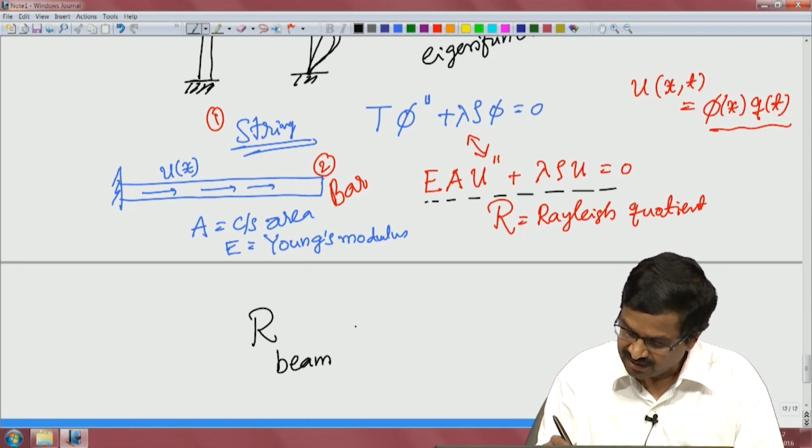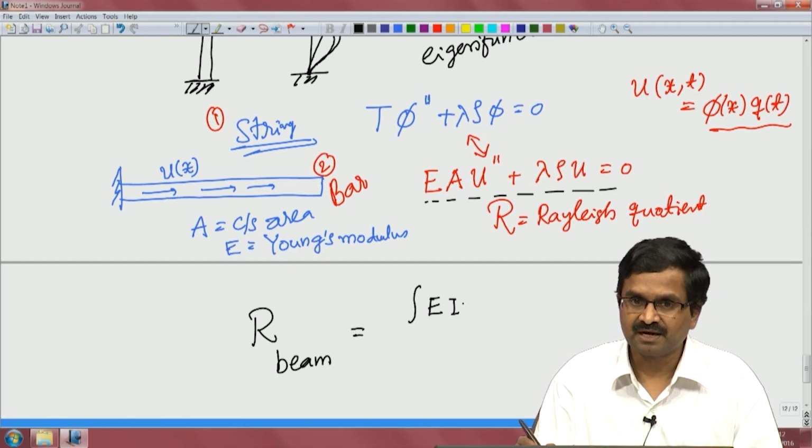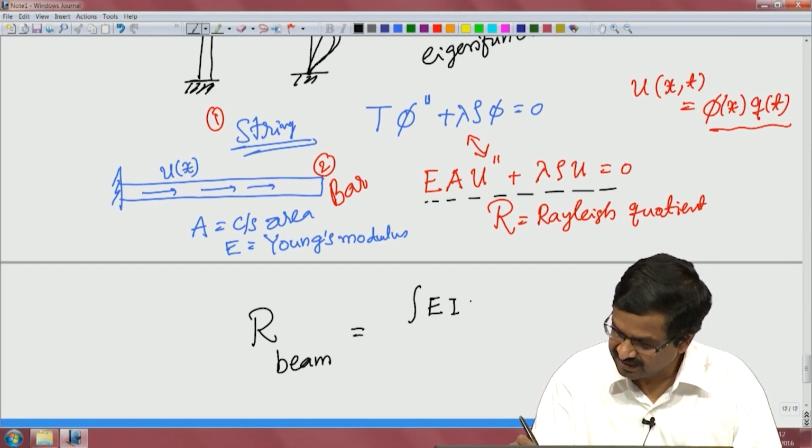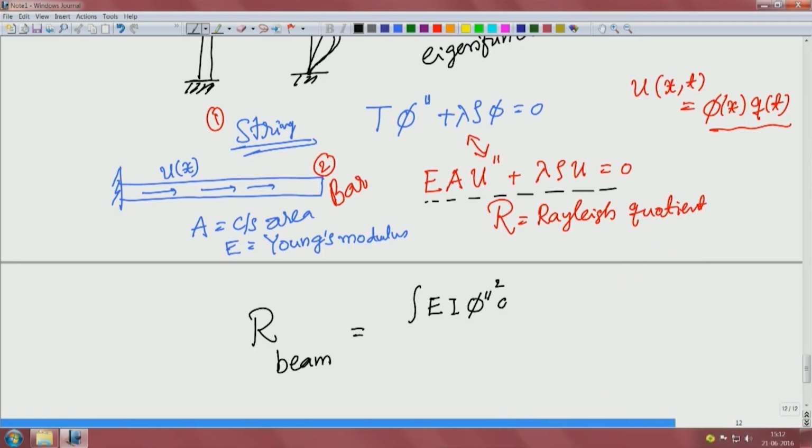If you do this, Rayleigh quotient for a beam turns out to be E I, E is Young's modulus, I is second moment of area, phi double prime square dx from 0 to L divided by integral 0 to L rho phi square dx, this for a beam.